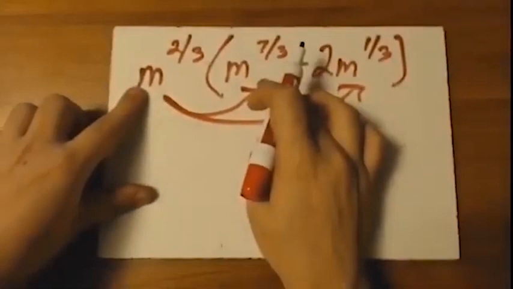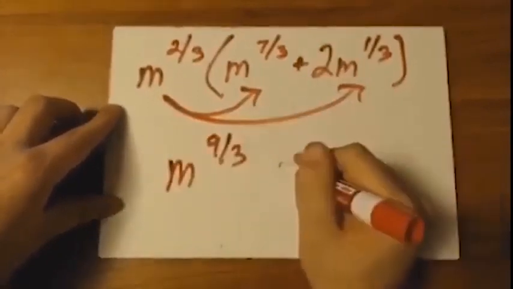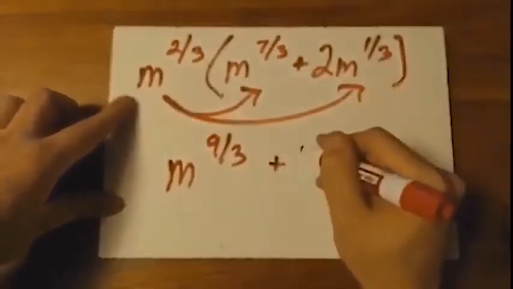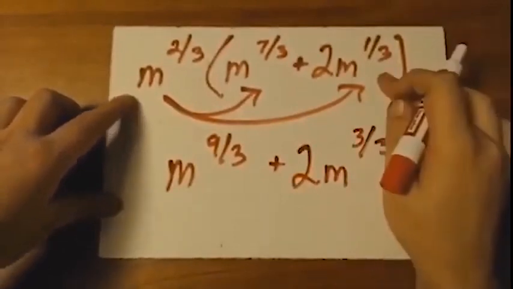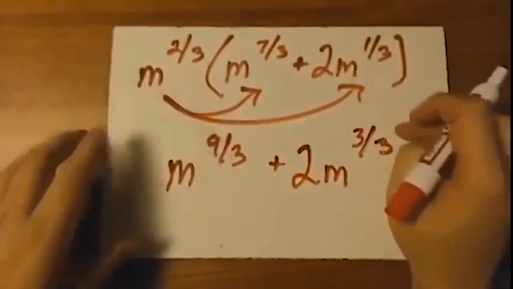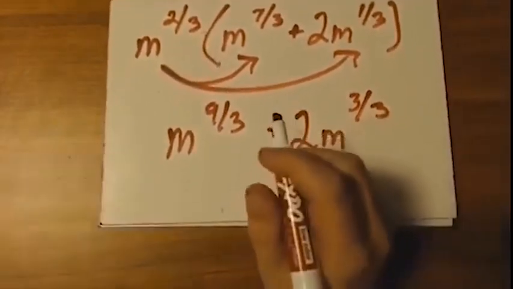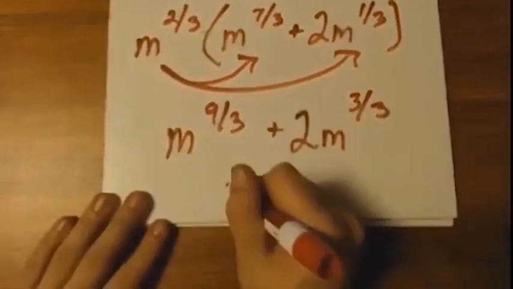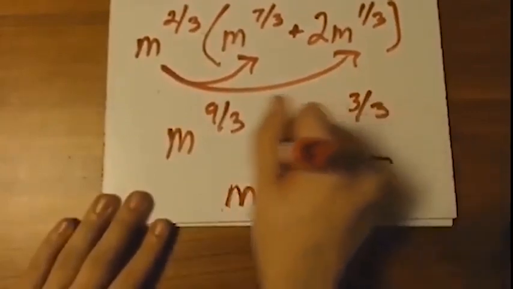M to the 2/3 times m to the 7/3, add the exponents, we get m to the 9/3. Here we get 2m to the 3/3. Again, adding the exponents, 2/3 plus 1/3 is 3/3. So this leaves us with m cubed plus 2m.